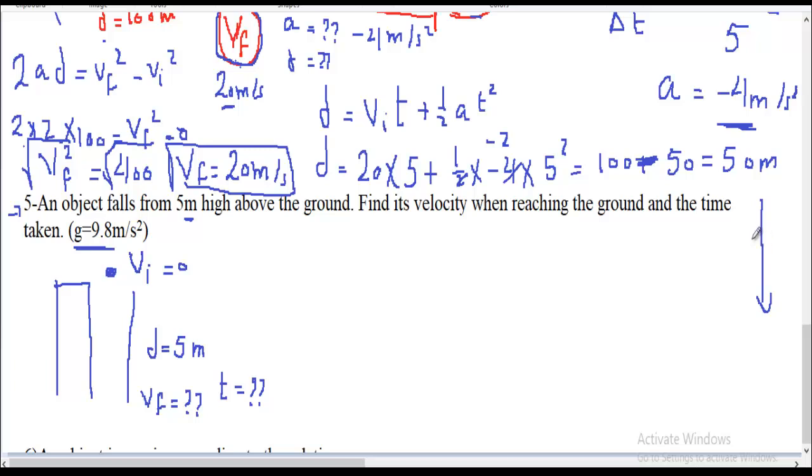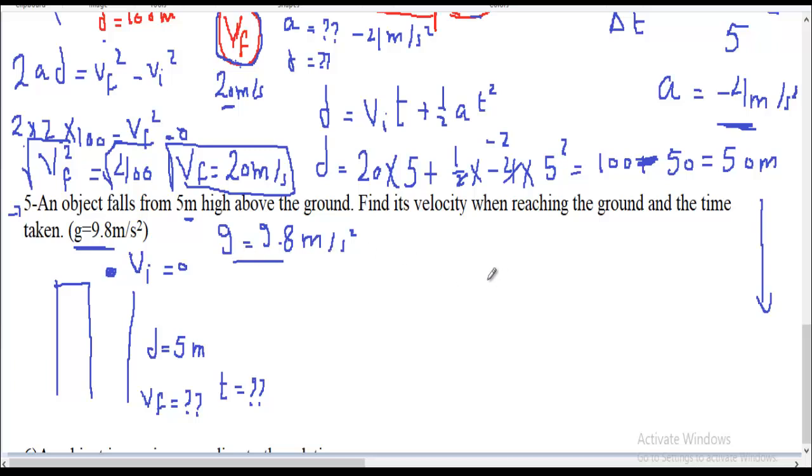When you let anything fall, it will acquire acceleration because of gravity. So the acceleration here will be the gravitational acceleration, which is 9.8 meters per second squared.